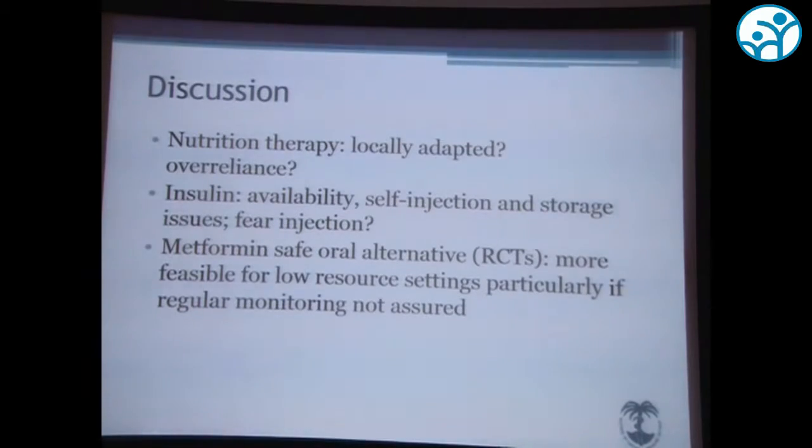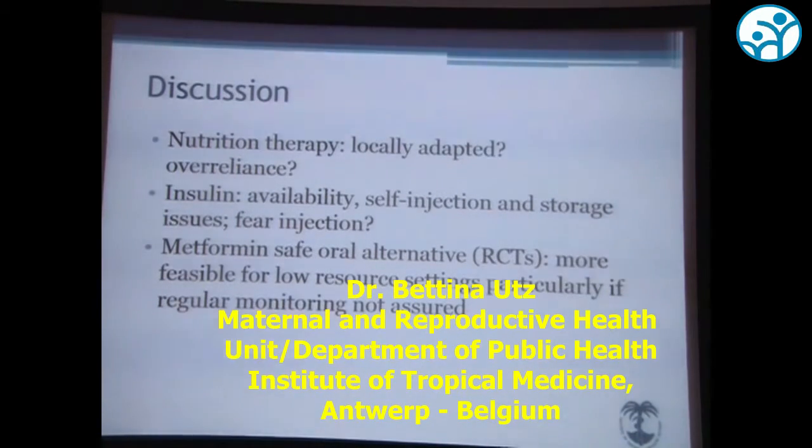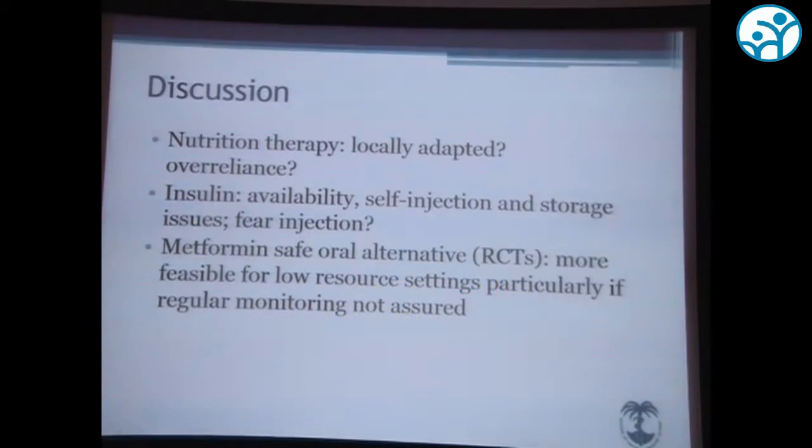Another point is insulin. In some countries, the availability of insulin is still an issue. The self-injection and storage in cold chain is an issue, and we found supporting information that there's a lot of fear of insulin injections on the side of the patient, but also on the side of healthcare providers, which can be explanatory for the not so well controlled diabetes in GDM patients.